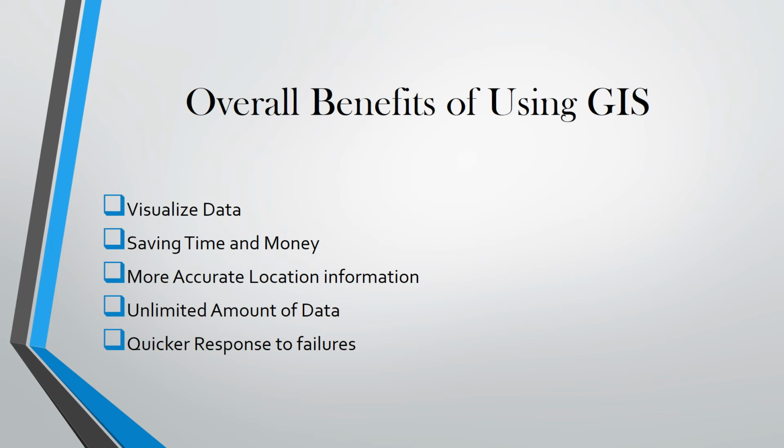And as far as quicker response to failures, this aspect of the benefits of GIS allows for, if we were to add a tracking device or a GPS device onto assets, the ability to be routed to any situation that is experiencing failures by the fact that you know exactly where these assets are and the easiest route for them to get to the failure locations.